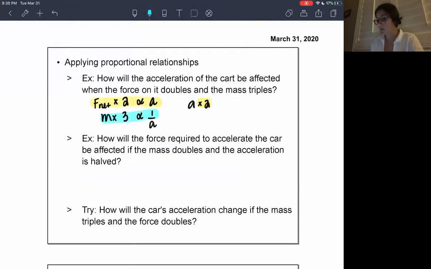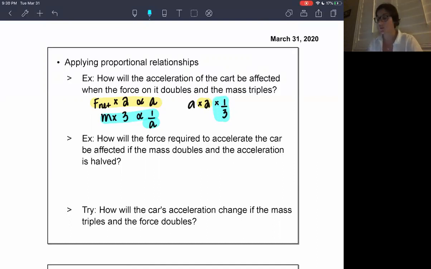Since mass and acceleration are inversely proportional, this means they're going to change by reciprocal factors. So instead of tripling my acceleration, I'm going to be multiplying it by the reciprocal. And the reciprocal of 3 is 1/3. This is the equivalent of dividing by 3 as well.